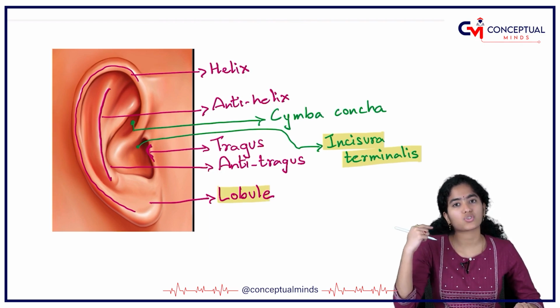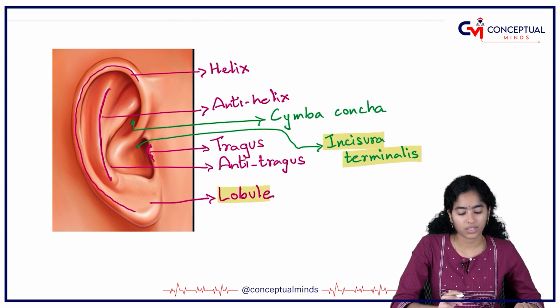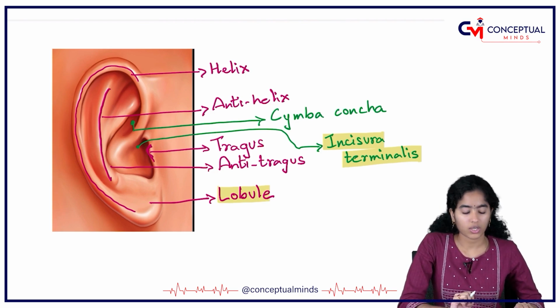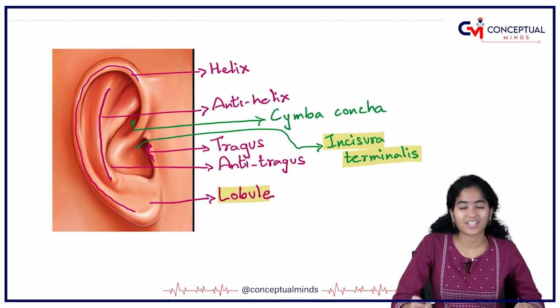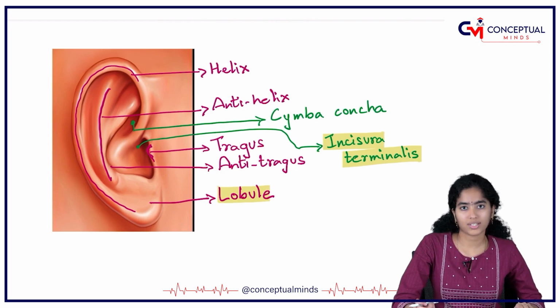Even in nose reconstruction surgeries, this cartilage can be used as a graft material. Even the lobule and various other parts are used. So it is essential that we understand the parts of the auricle. Now the incisura terminalis is another important landmark because it is devoid of cartilage, and hence we can pierce through it to enter the internal structures without disturbing the cartilage. It is one of the approaches used for endaural surgeries.